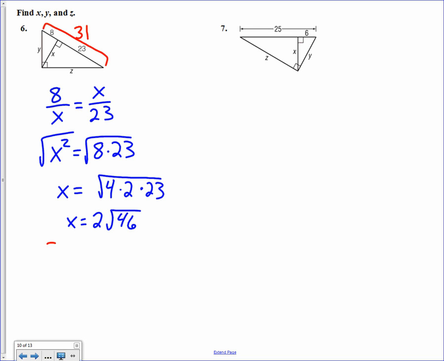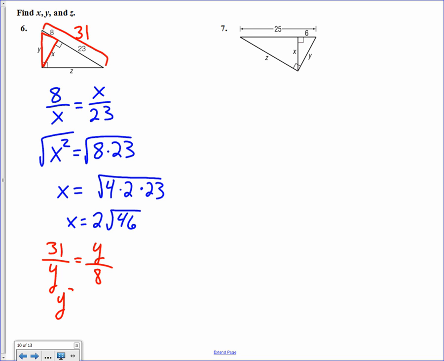We have the hypotenuse of the large triangle over the hypotenuse of this triangle, which is y. That equals a leg y of the large triangle over the corresponding leg of the smaller red triangle, which is 8.